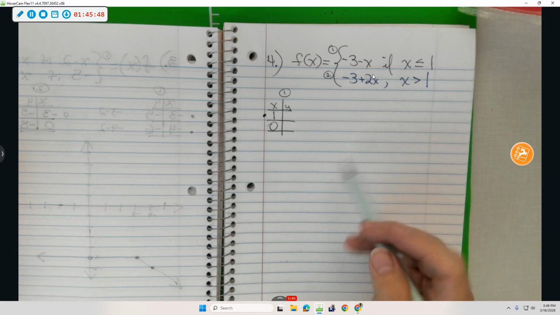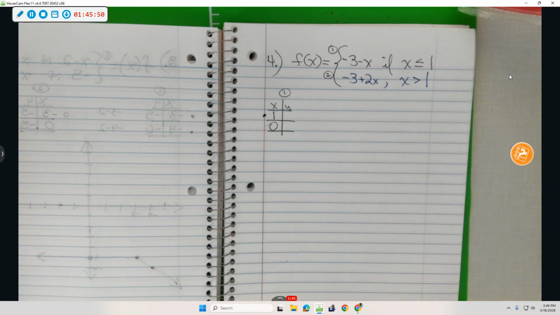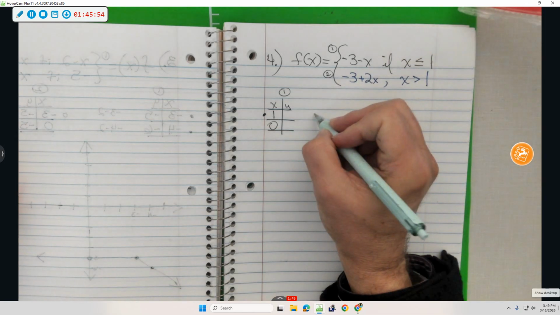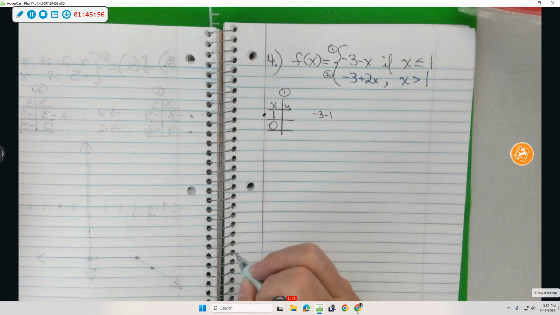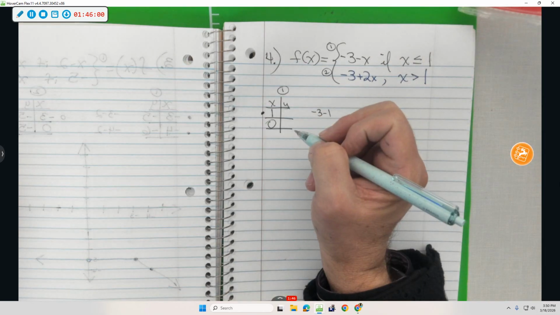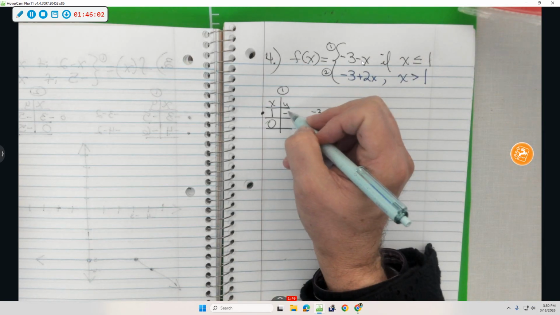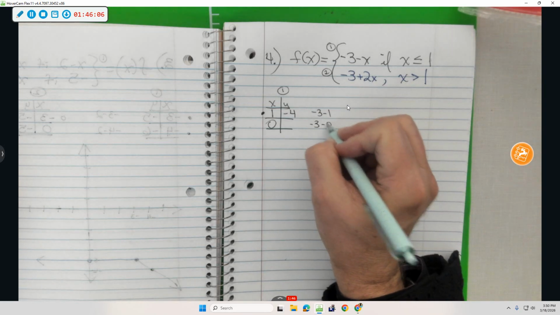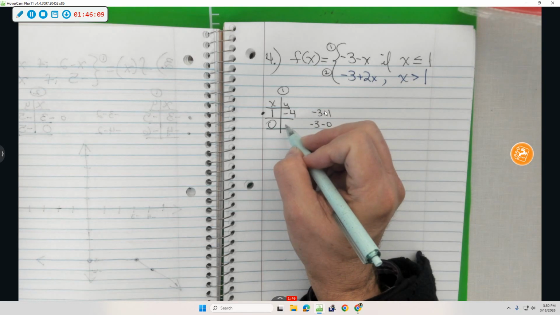Yeah, the points are going to be jammed together, aren't they? So, plugging in 1, negative 3 minus 1 gives me a y value of negative 4. Plugging in 0, negative 3 minus 0 gives me a y value of negative 3.